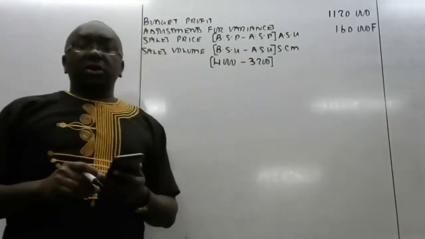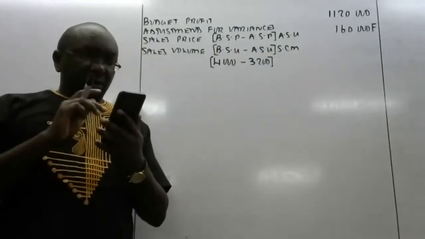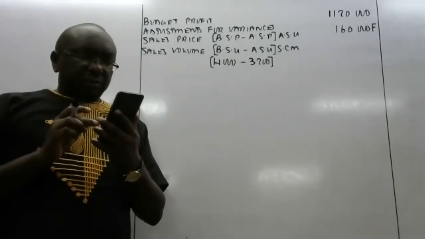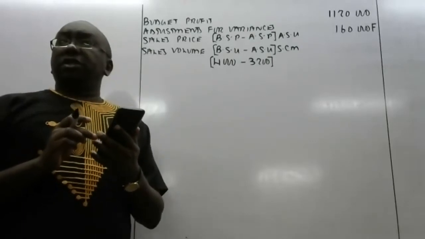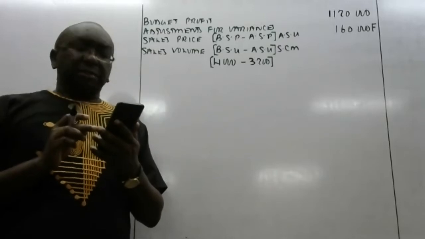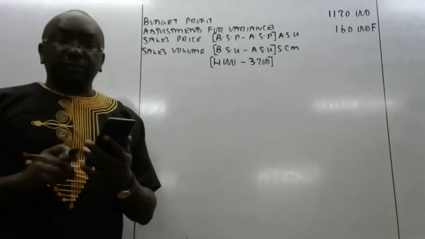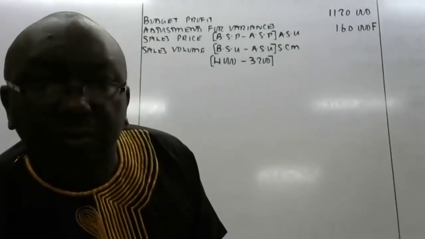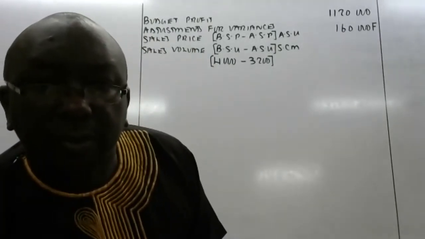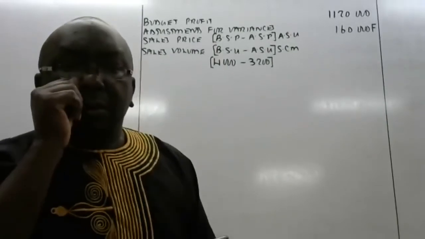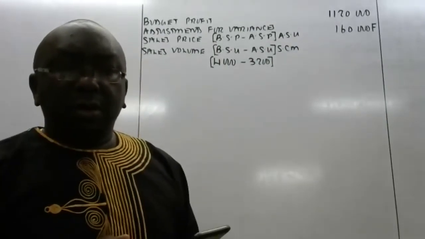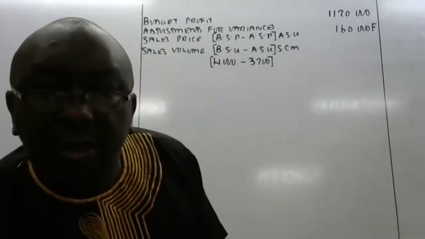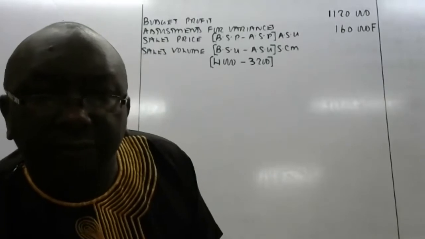And the standard contribution margin, you go back up there. You take the selling price of 2,200 and you subtract the variable cost. Maybe you computed wrongly, that is too high a figure to be true.